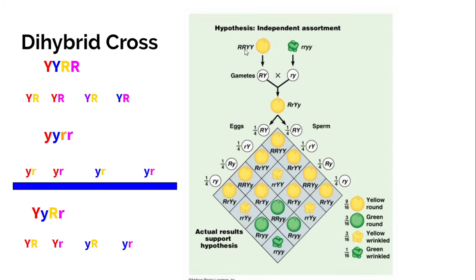First, you need to find all the possible gametes each parent can give. You do this by essentially finding all the ways you can pair an allele for one gene and an allele for another for each parent.